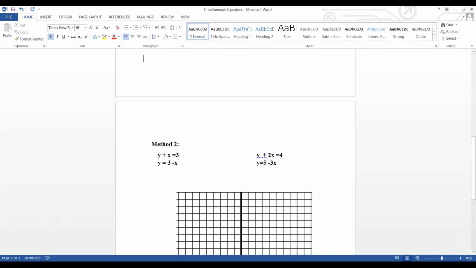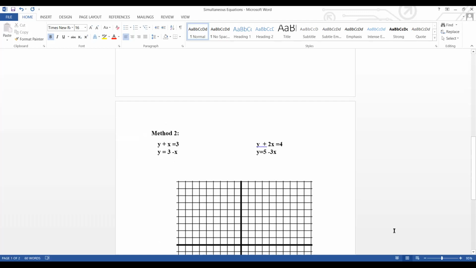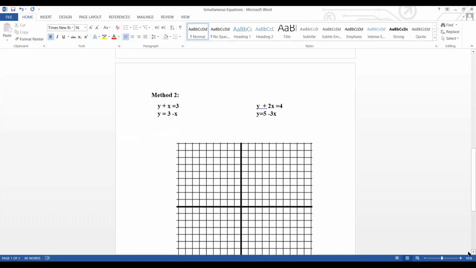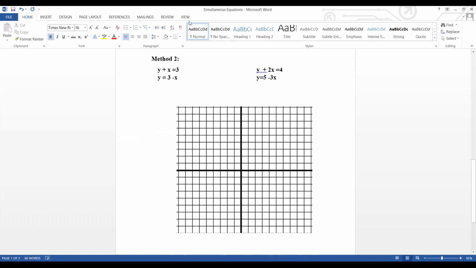Then we can see whether we are getting the same answers as well. So I got my x answer as 1 and my y answer as 2. So we'll see with the graph whether we are getting these two answers.